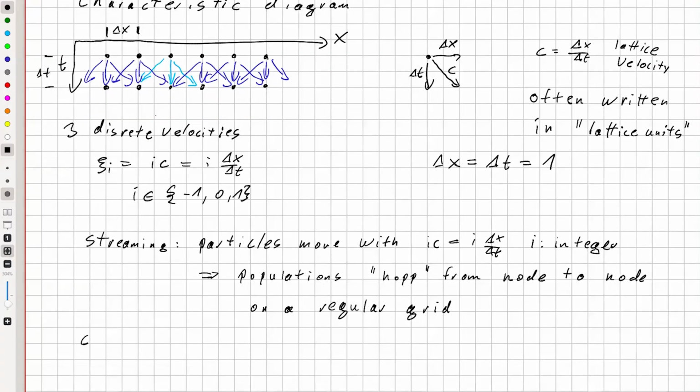And then they have the collision. So particles interact with each other on the nodes.